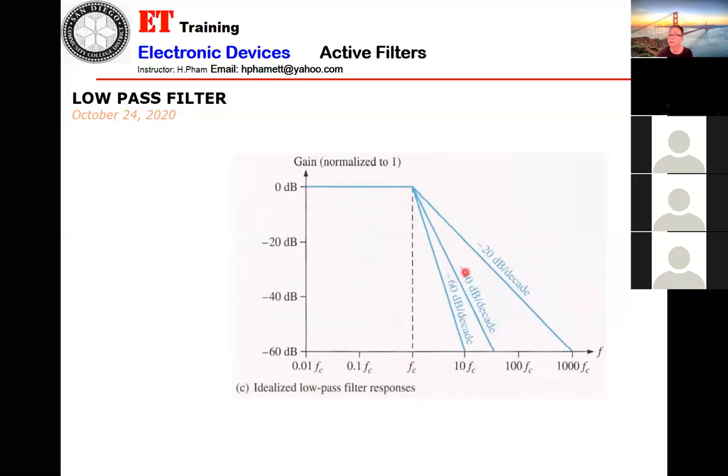They give you 3 different types of low pass filter: 1 pole, minus 20, 2 pole, minus 40, and 3 pole. So basically, you don't want the first one, because after the cutoff, they still get voltage. This one is close to what you want, the ideal. Anything close to the ideal would be the best.